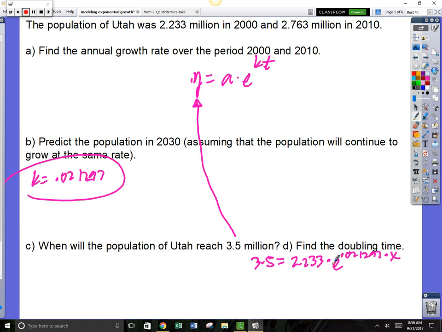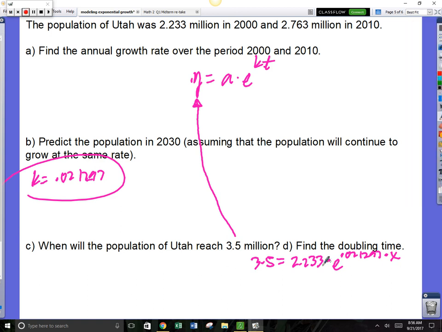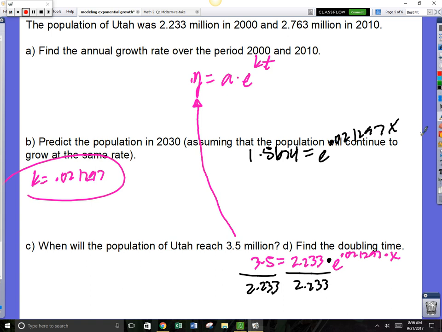So first of all, let's get this E by itself. Let's undo this times. So let's divide this side by 2.233. So 3.5 divided by 2.233. Okay, we got 1.5674 is equal to E to the 0.021297x.